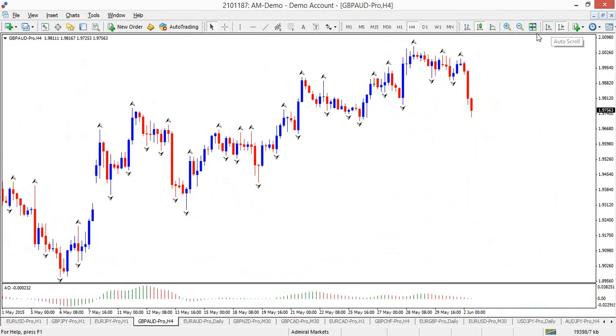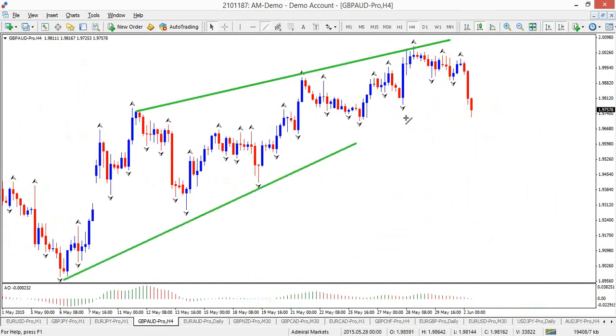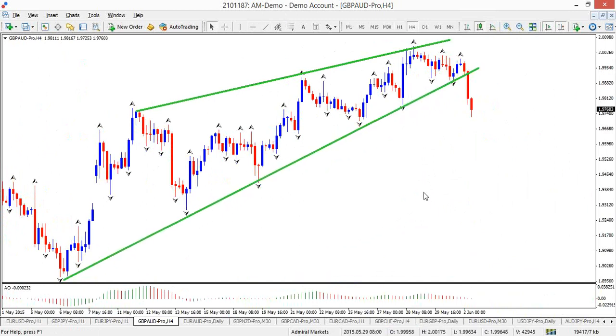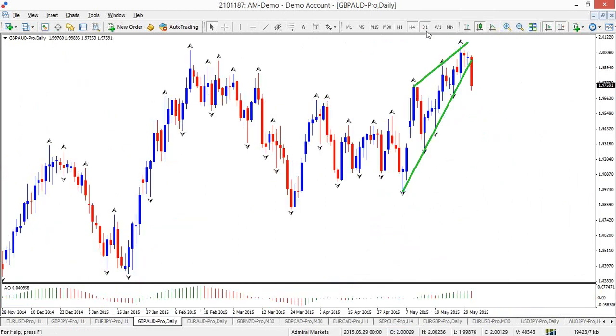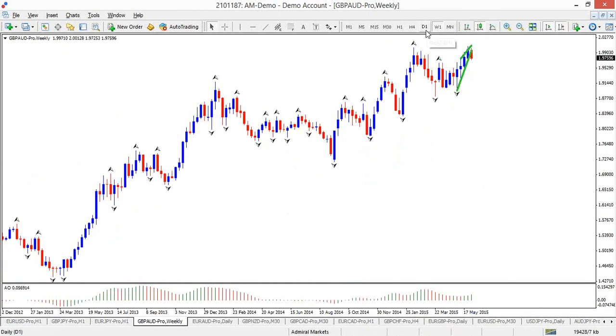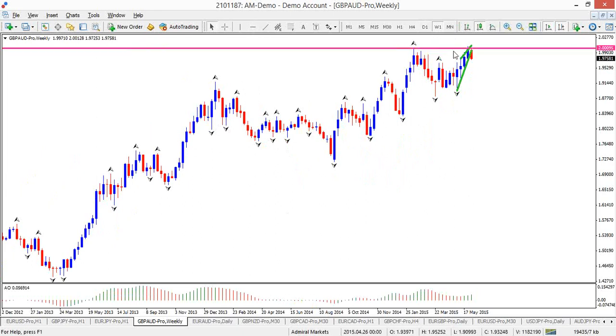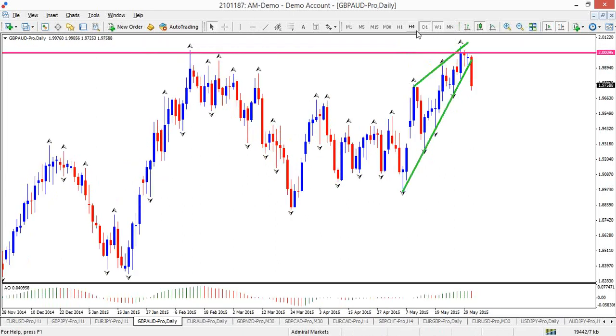Indeed, I'm now looking at the pound aussie, and I thought this was interesting because of the rising wedge that we have here. And that break of the rising wedge is an interesting setup right at a resistance spot as well, and at the 2 psychological level.